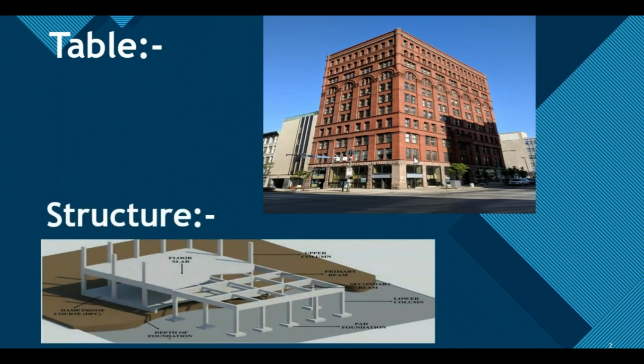Okay, this is the actual structure. If some civil person wants to construct a building, they will first make a structure of the building, whether it's stable or unstable. If you have a big building and very few pillars, the structure is unstable. On this, if this is the ground floor and you want to extend it to the second floor, you copy it and paste it on top of the first floor.